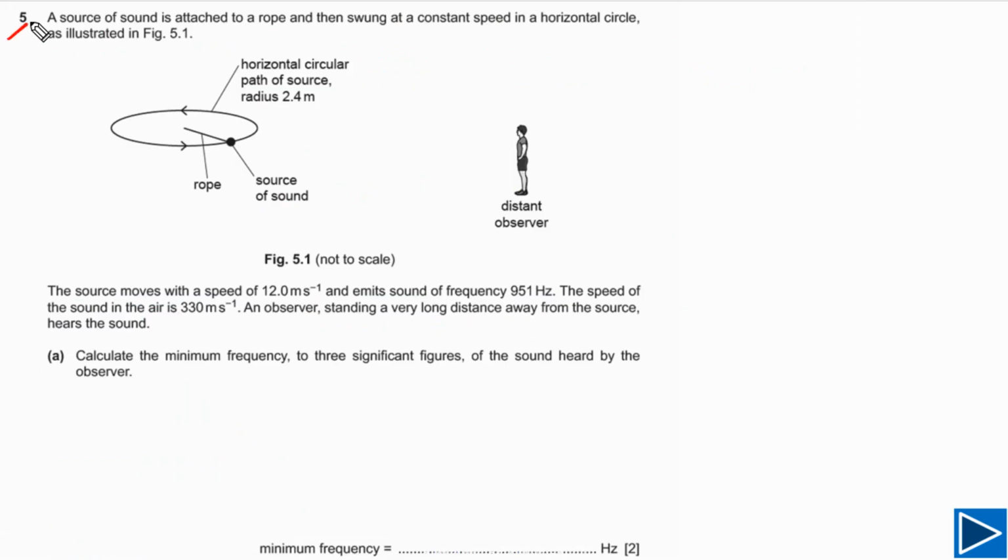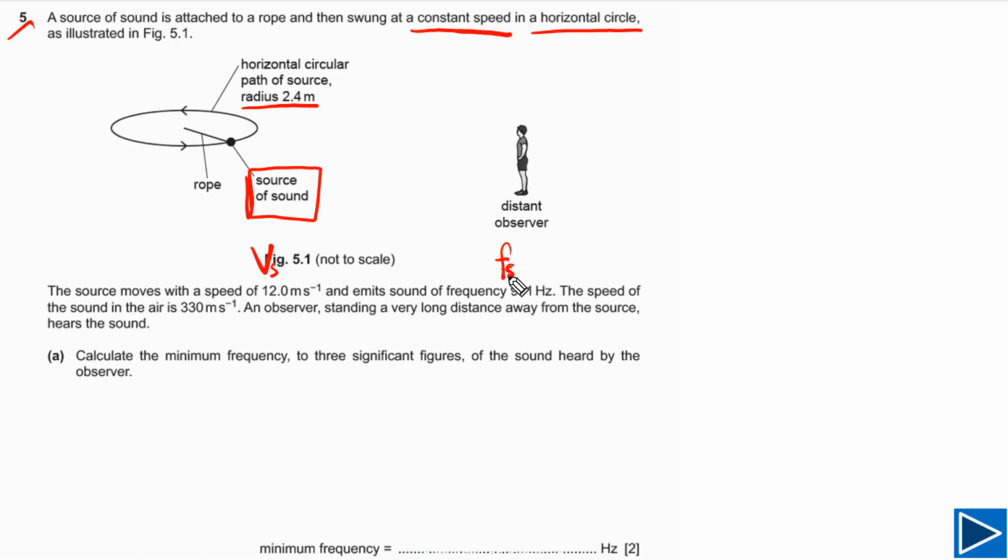For question 5, it is given that a source of sound is moving in a circle and the radius of the circle is 2.4 meters. The source is moving at a constant speed in a horizontal circle, and the speed of the source is given, 12 meters per second. The frequency of sound produced by the source is also given, that is 950 hertz.